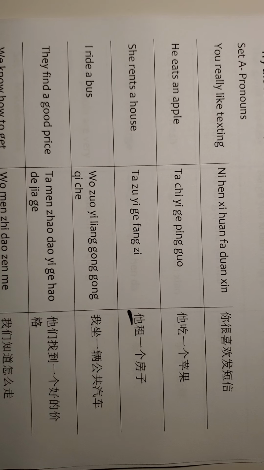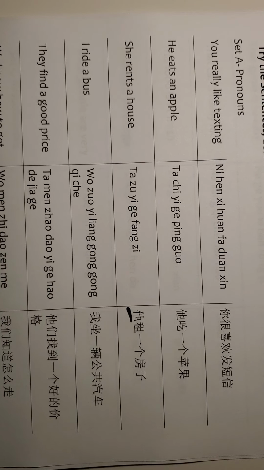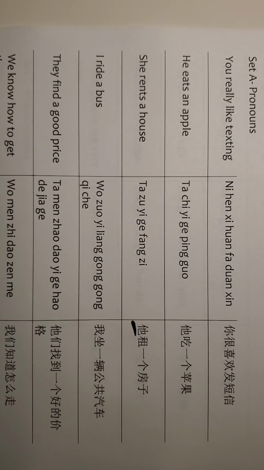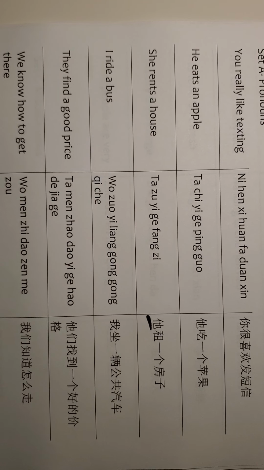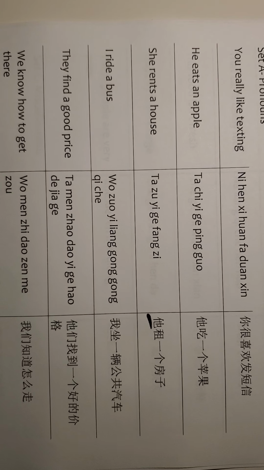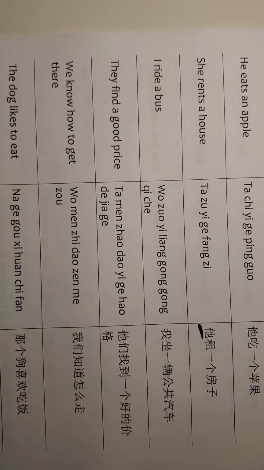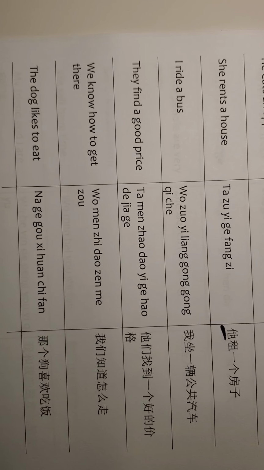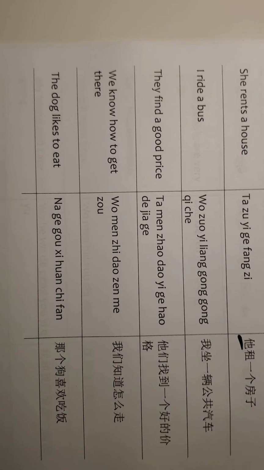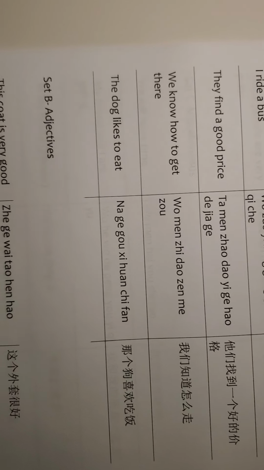I ride a bus. 我走一辆公共汽车. They find a good price. 他们找到一个好的价格, or 找一个好的价格. 我们已经知道怎么做. 哪个狗喜欢吃饭. Silly sentences.